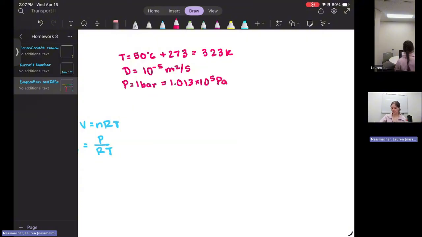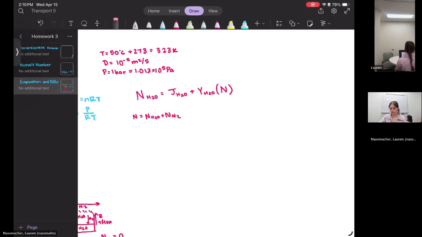So from here, we want to find the mole fraction of our water. We use that our flux is equivalent to our molar flux of our water plus Y of water multiplied by our total. Remember, N is equal to N H2O plus N N2.